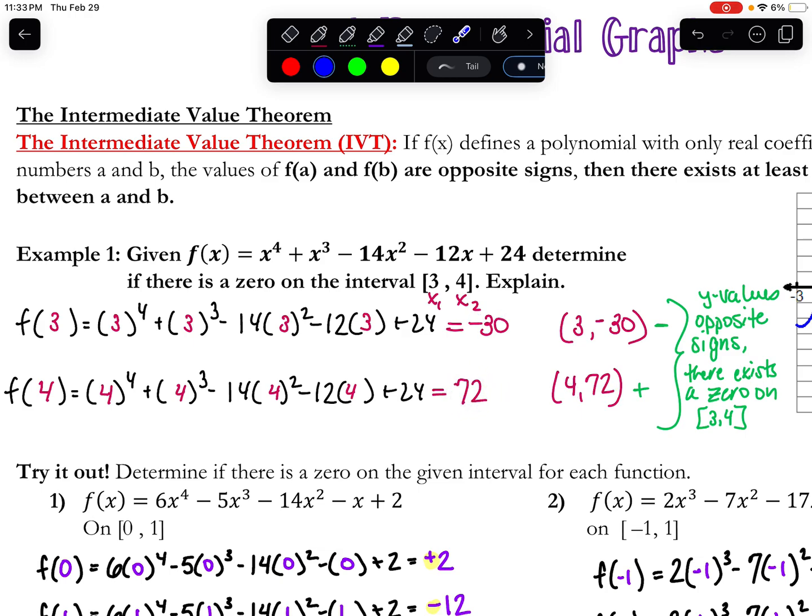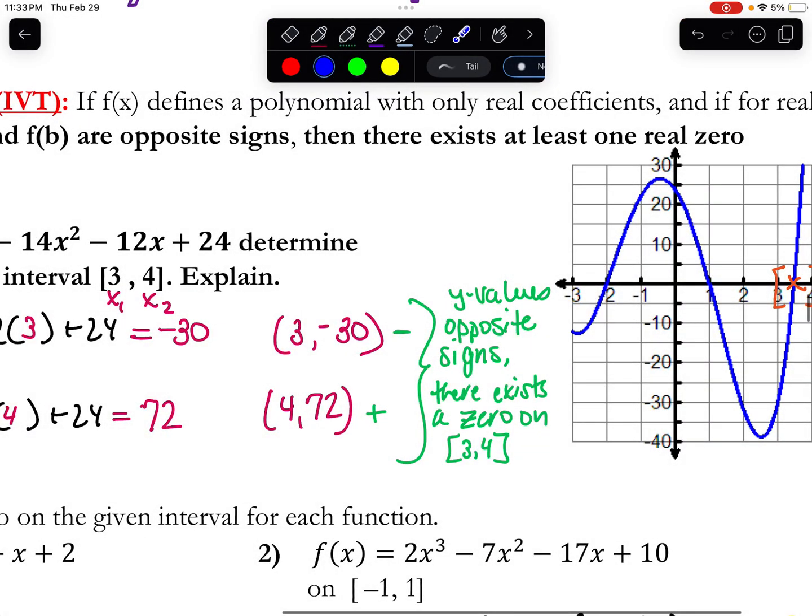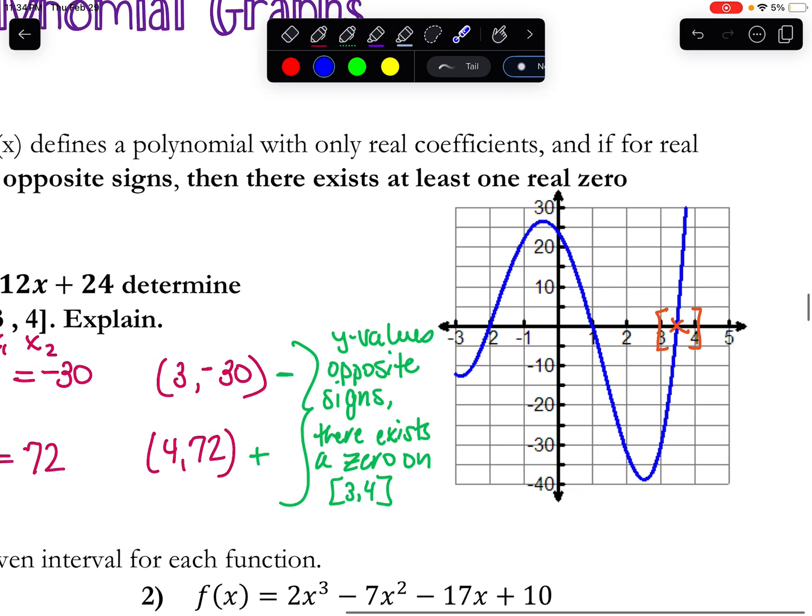So we just do a little evaluating, which we've done before, but then we apply the intermediate value theorem, which says if the y values have opposite signs, then they must cross the x-axis and a 0 must exist on that interval. And we can clearly see that when x is 3, its y value is way down here.